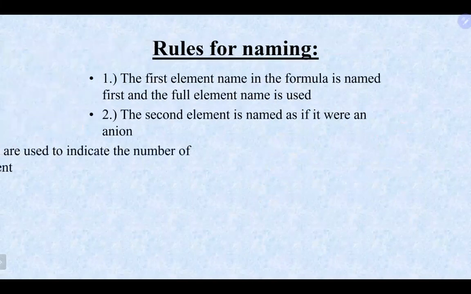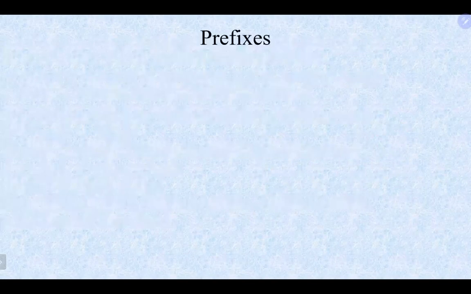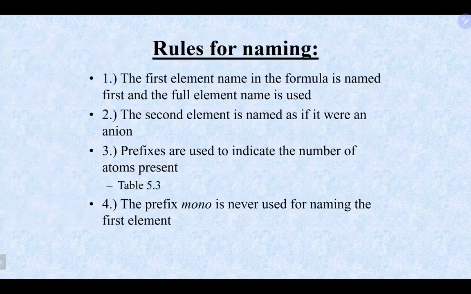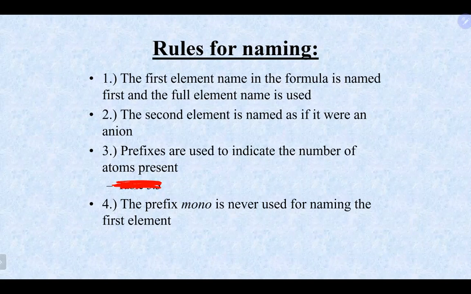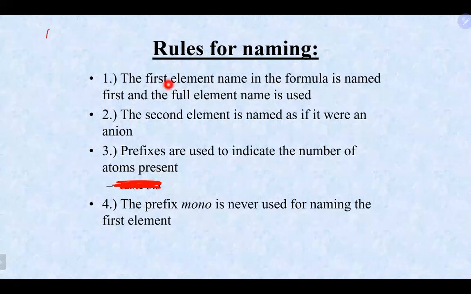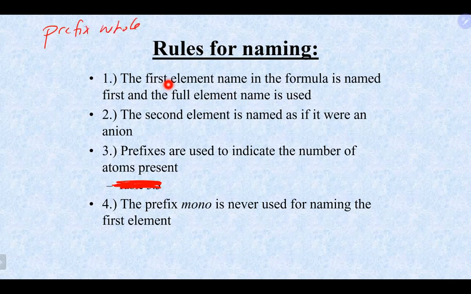The way that we use this table is, I'm not sure if that's the same table nowadays, so I'll cross it out just in case. We basically use the whole name of the first element. So we take the appropriate prefix and the whole name of the first element.